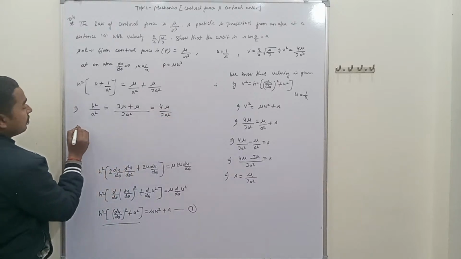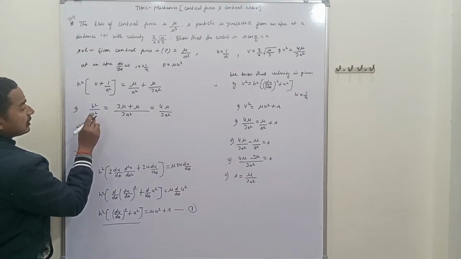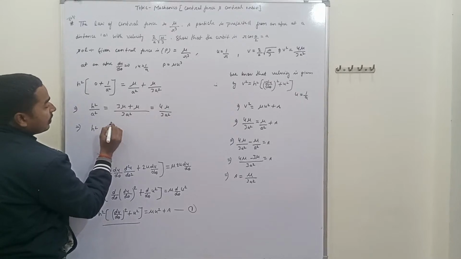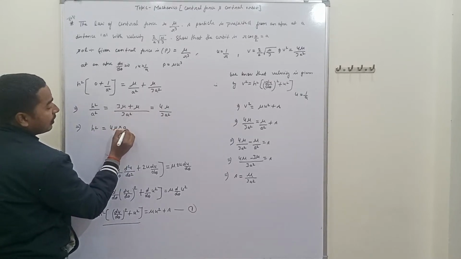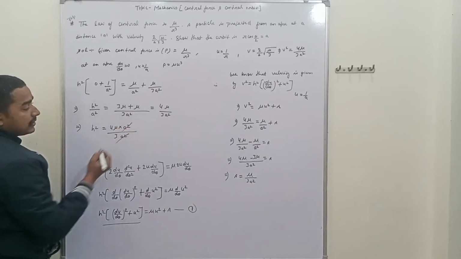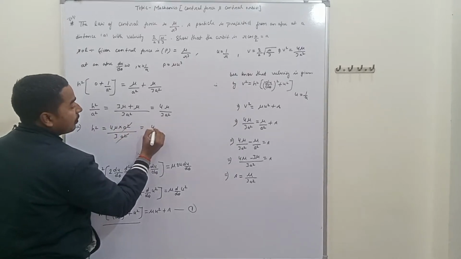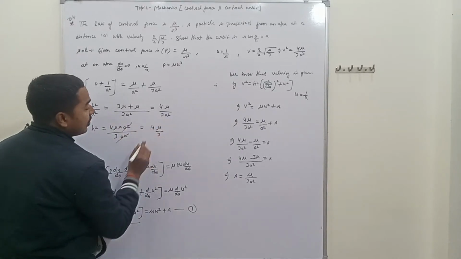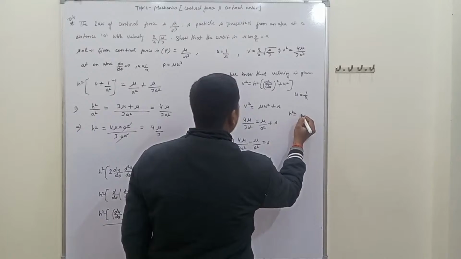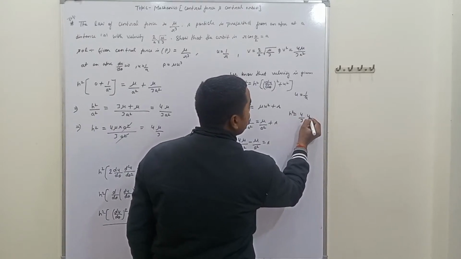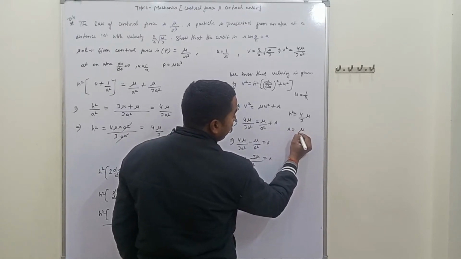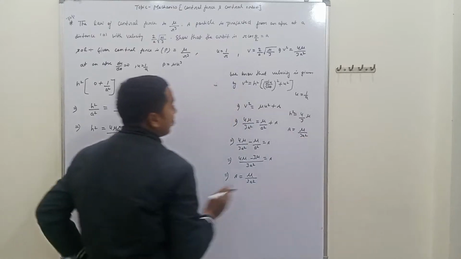And from here we have to find the value of h square, that is a square cross multiplication, that is 4 mu into a square upon 3a square. From a square to a square is cancelled out, then the value of h square is 4 mu upon 3. Here we have to write the value of h square, that is h square is equal to 4 by 3 into mu, and the value of a is also written as a is equal to mu upon 3a square. Further we have to solve.